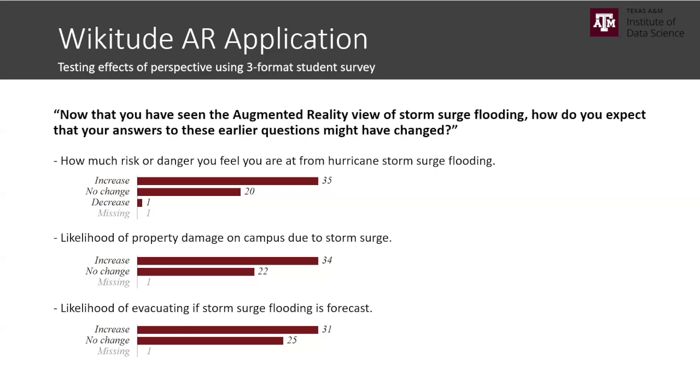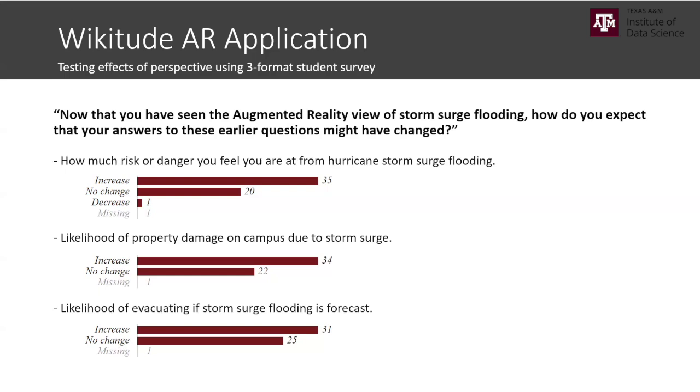And then I asked them a couple questions about that. So now that you've seen the AR view, how do you expect your answers to these earlier questions might have changed? And my respondents seemed very eager to say, oh, I would have increased my risk perception response, and increased the assessed likelihood of property damage on campus and the likelihood that I would have evacuated.